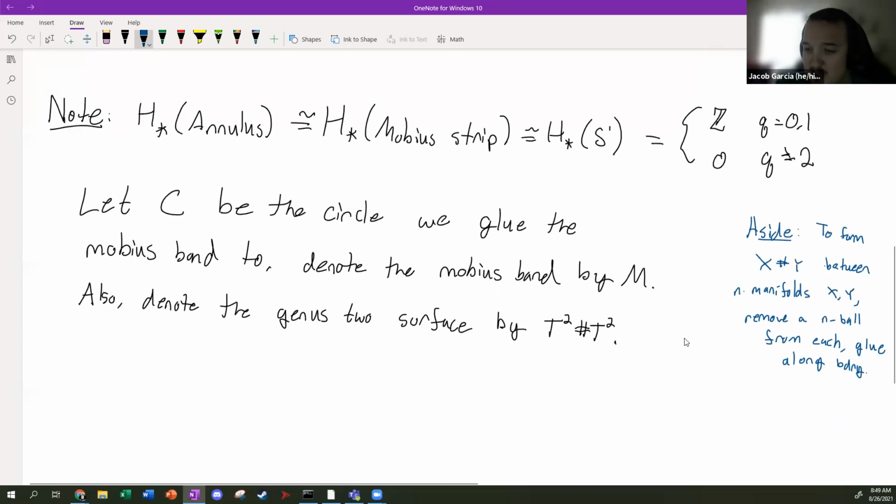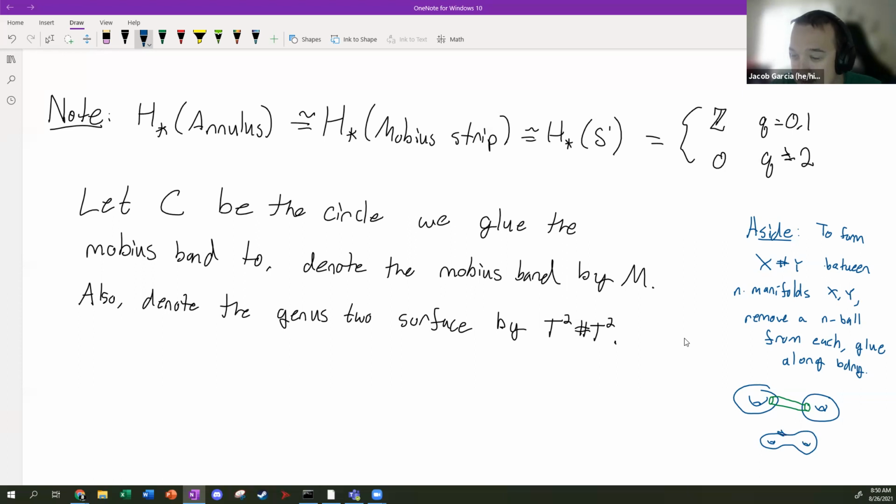So in this case, I have a torus and a torus. I'm going to remove a disk, or a ball, so that I'm left with the boundary of a disk, and then I'm going to attach these two together. And if I think about stitching together what I just attached, pulling at the stitching which brings the two things together, I get exactly the genus 2 surface.